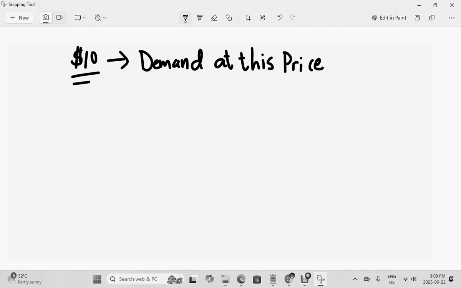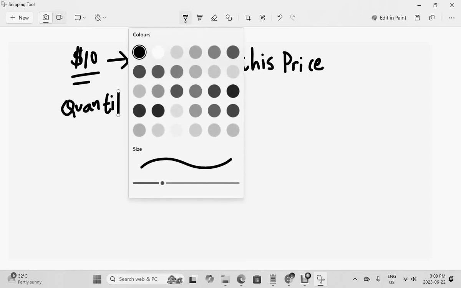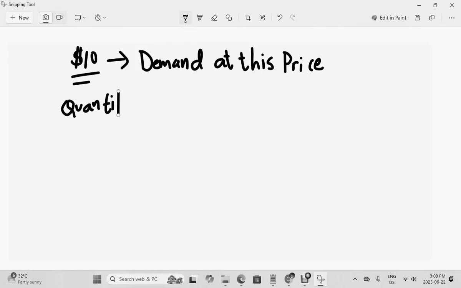And the quantity demanded, again, has to do with your profit maximization point as well as your equilibrium, and to some degree, with your price and cost on a graph when it comes to monopolies and perfect competitors.